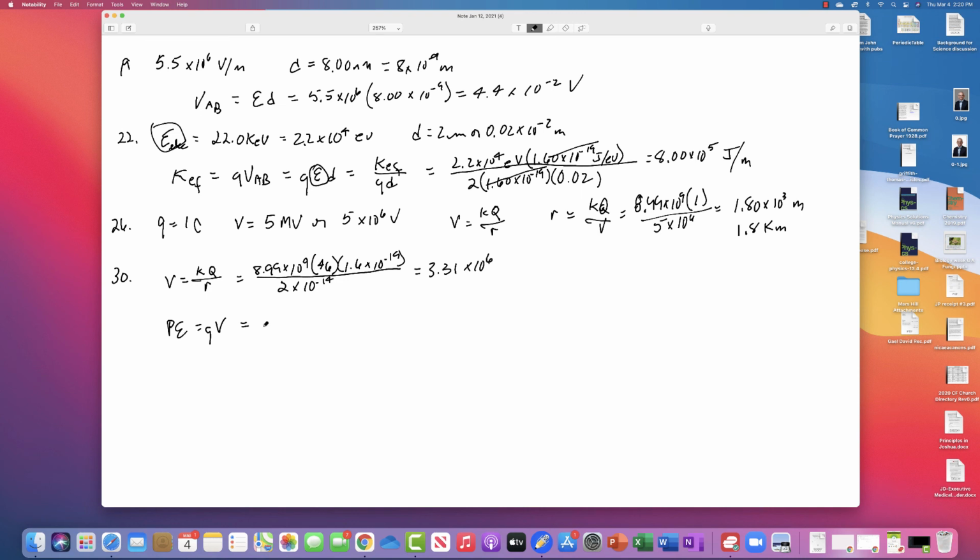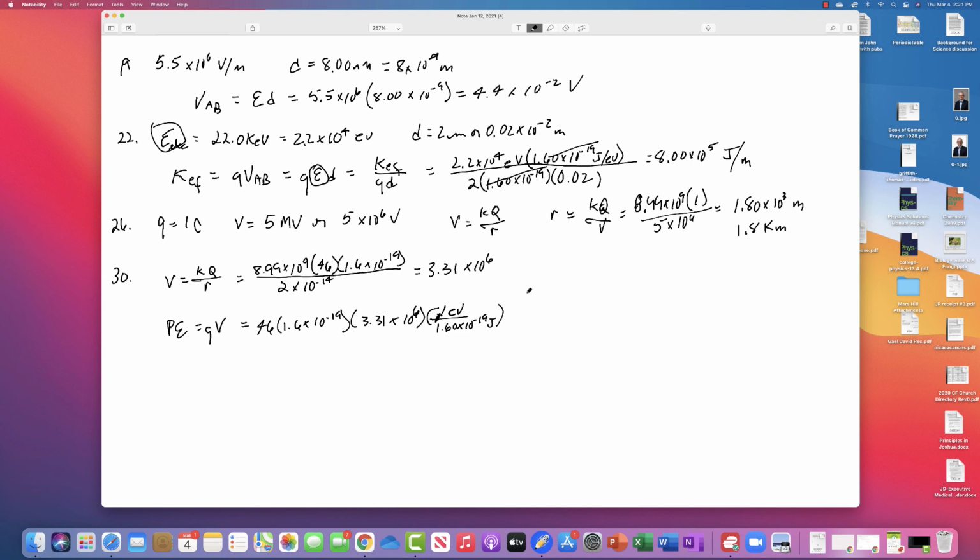So it's going to be 46 times 1.6 times 10 to the minus 19 times 3.31 times 10 to the 6th equals, well, also got the conversion to MeV, 1 EV is 1.60 times 10 to the minus 19 joules.